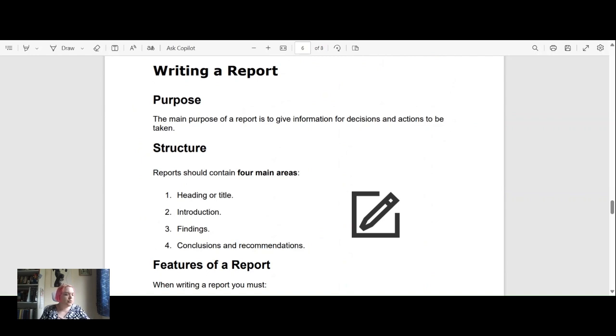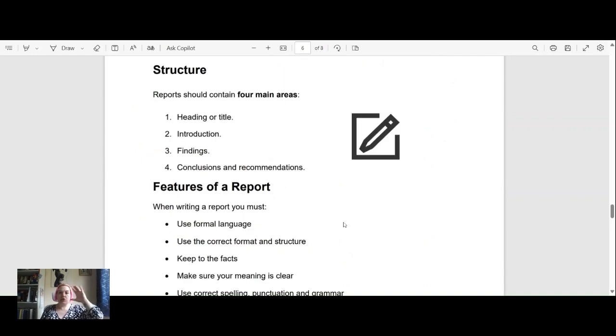The most common ones we've seen on past papers are that we are writing a report to our employers or potentially the local council. Our structure, so what it looks like, is it should have 4 key areas. A heading, or title, a report intro, our introduction, and then usually in the question we are given a couple of aspects that we need to consider, a couple of talking or writing points, and then a conclusion or recommendation at the end.